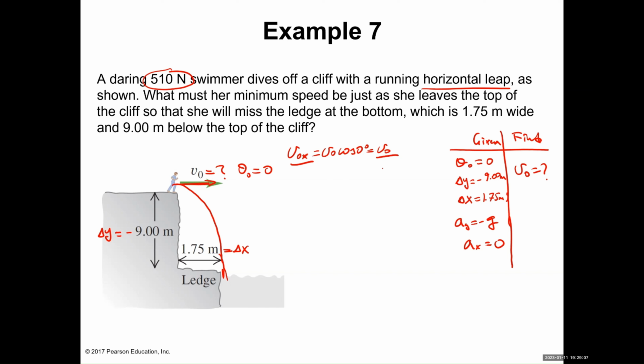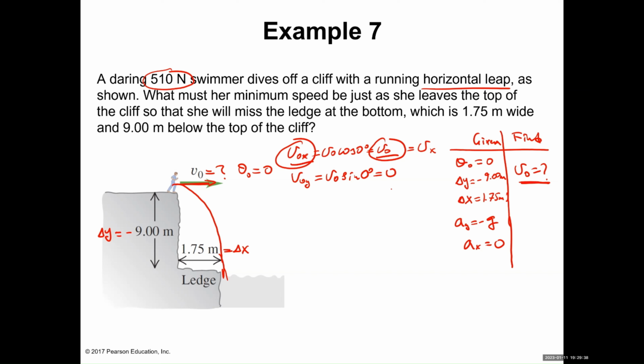Then the initial vertical velocity will be initial velocity times sine of 0, which is 0. That's also very useful information.